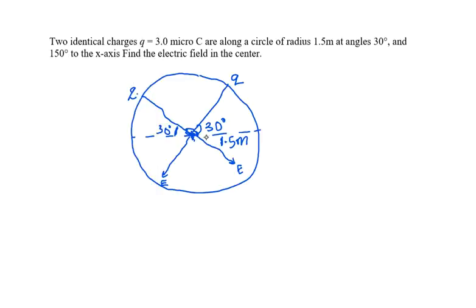Now we have to find the net electric field. But before we find the net electric field, we need to keep in mind that the effects of the charges are being felt in both the x and y axis, and this is in the y direction, right? The effect of this in the y, let's call this Ey1, and let's call this Ey2.